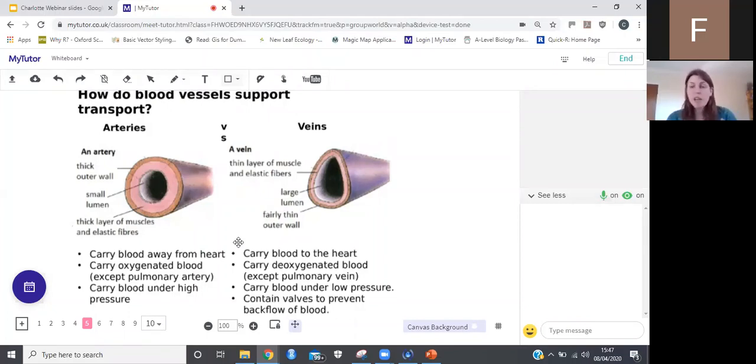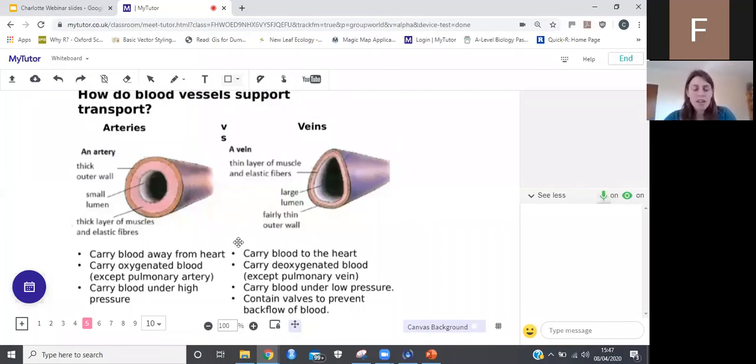We have the same amount of blood traveling around our bodies all the time. So it's not that arteries are carrying more blood, it's that the blood they're carrying is being propelled along more strongly because it's come from the heart very recently. It had that really strong heartbeat to send it off through the artery.